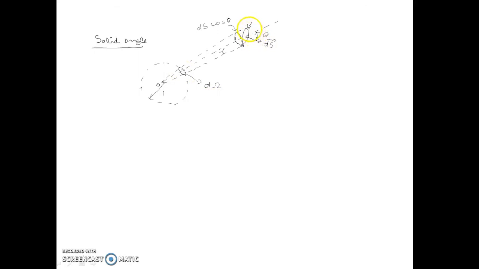For example, here this is the surface dS, which is subtending an area d omega here, and this d omega is a patch of the surface of a sphere of unit radius whose center is at the point O.